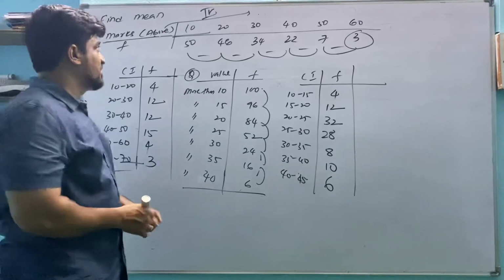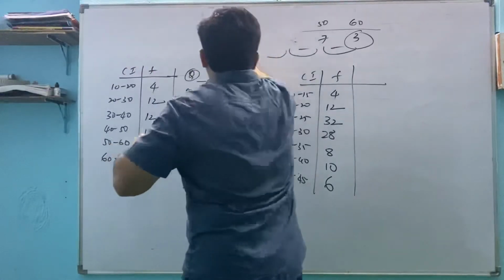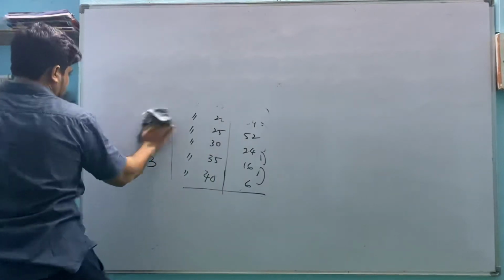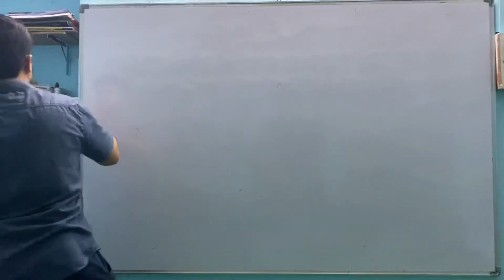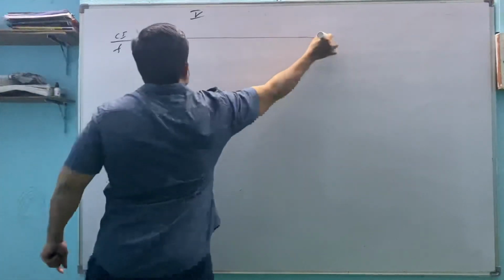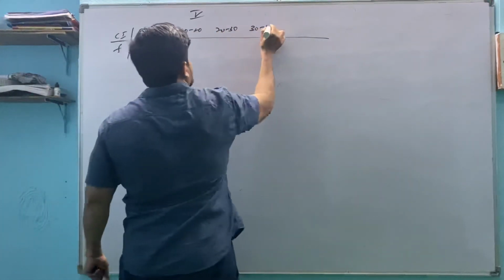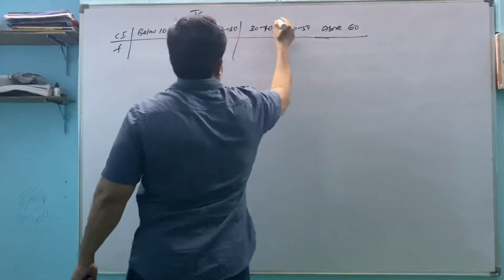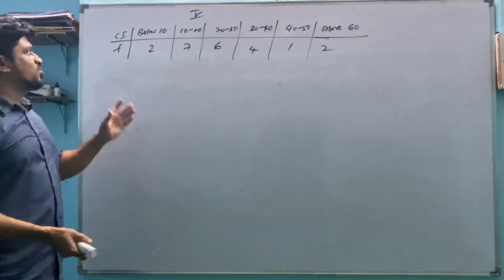These are the values. Now, in the last type, in some questions you will get open-end classes.